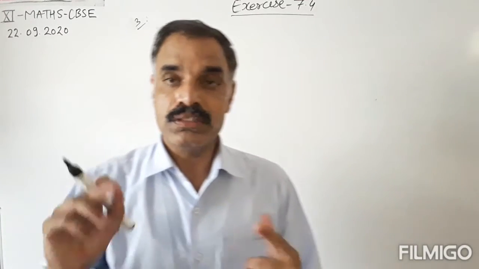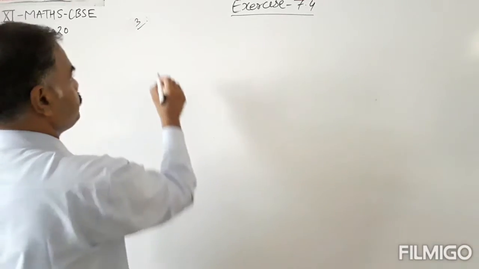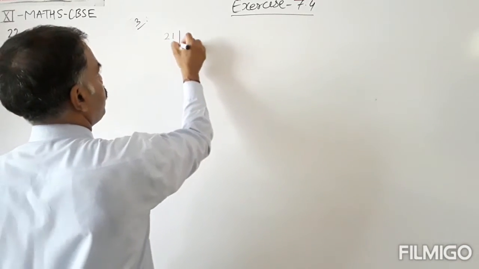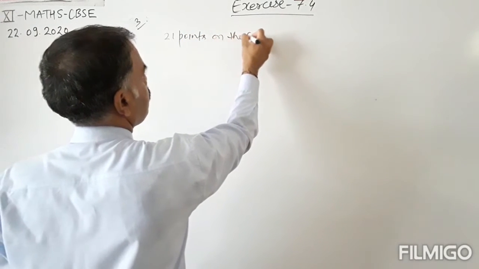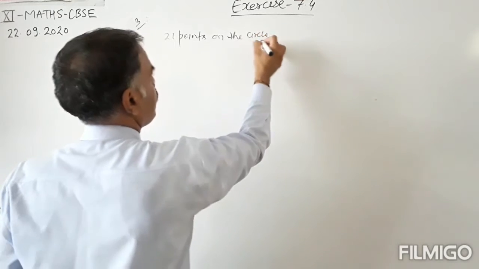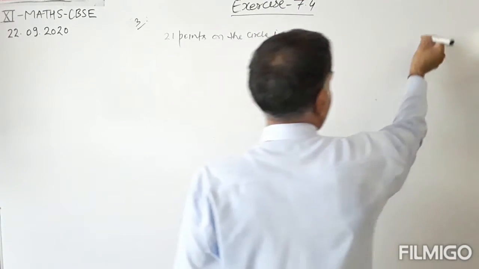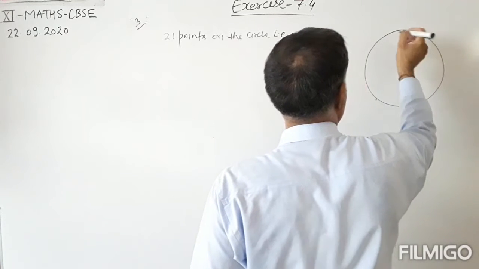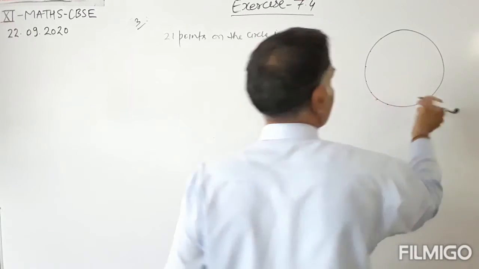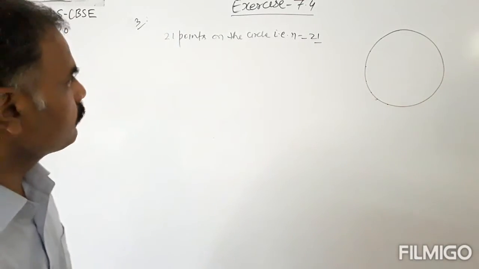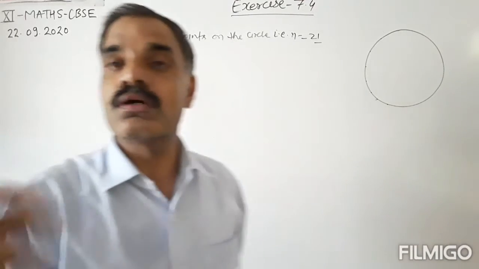Okay, 21 points means we have been given n equals to 21 points on the circle, that is n equals to 21. Means on the circumference of the circle we have been given 21 points like this. Okay, so n equals to 21 and we have to draw the chord.